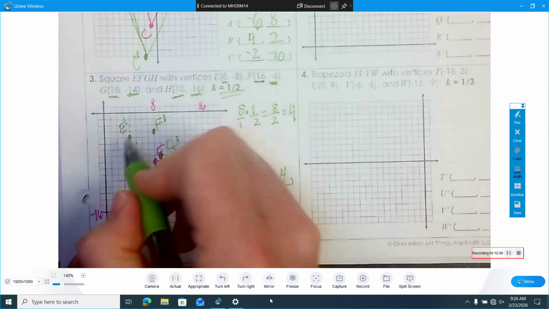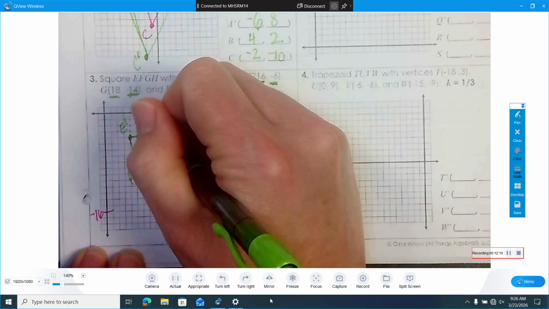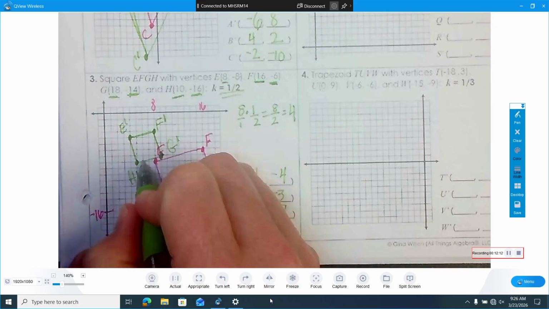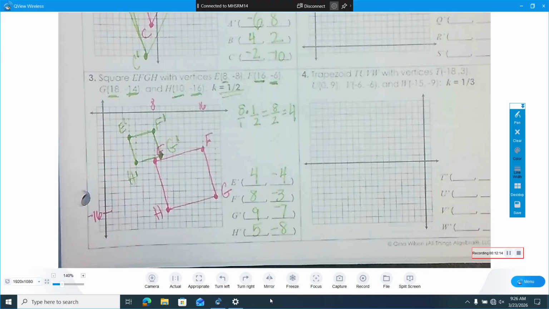All right. So there is our little shrink. Made our figure smaller. Questions on those?